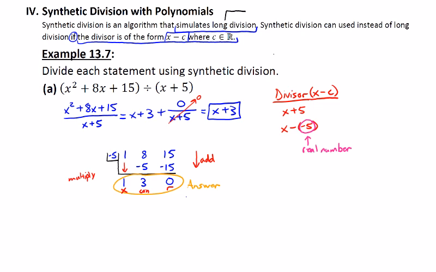So what this means is that the bottom line is split into the quotient and the remainder, where the remainder is just that last number, and everything to the left of that represents your quotient. So you can see where we have 1x plus a constant of 3, and that results in x plus 3, with the remainder, of course, being 0. This is called synthetic division.